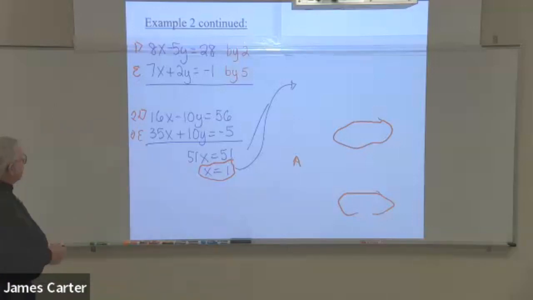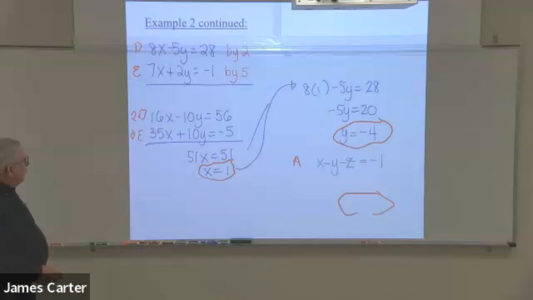I'm going to take that x equals 1 and put it into either one of these two equations. There's the 1. And I get y equals 4. So I now have two of the three values.